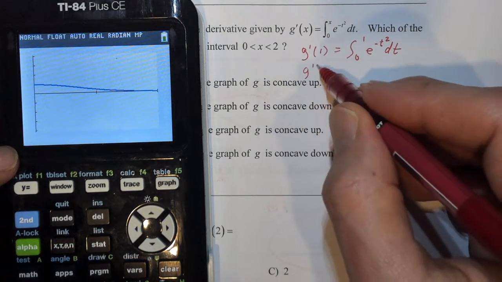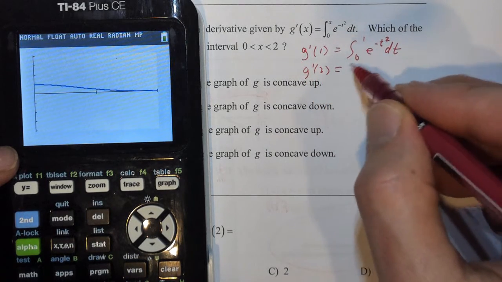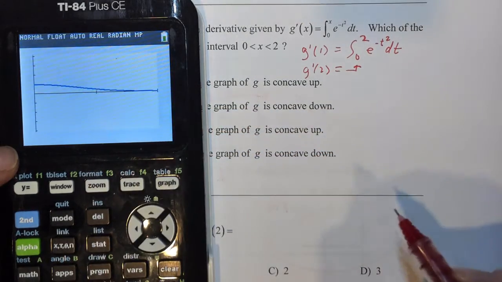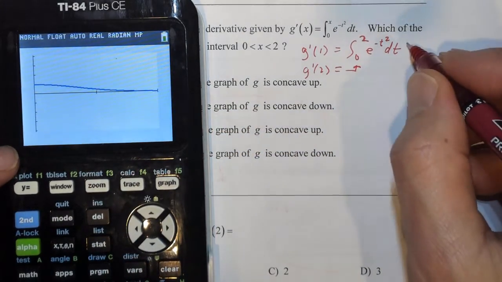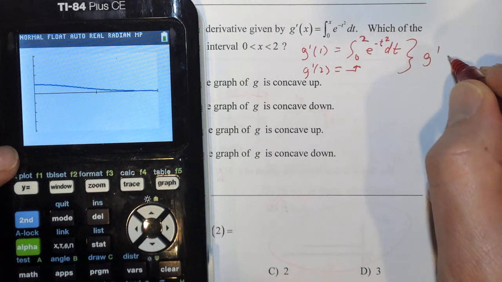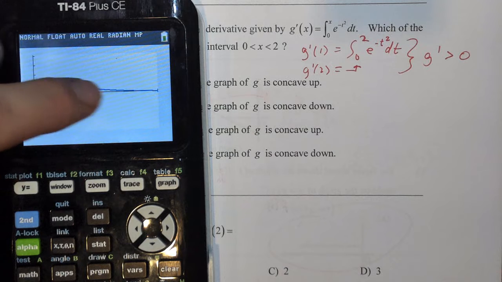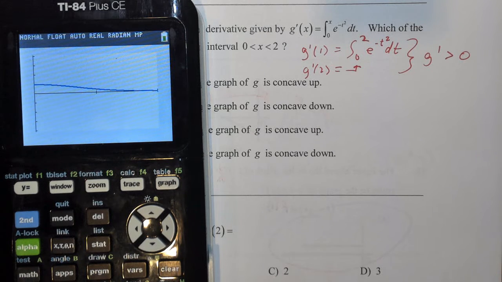If I want to go to 2, or any number in between, it's the same thing. We're just adding up a little bit more area. So what we know from all this is that g prime is positive because it's measuring the area under the curve, and that region is above the x-axis.